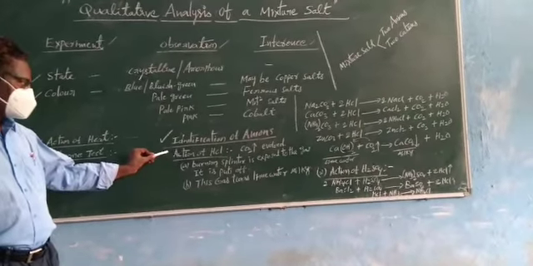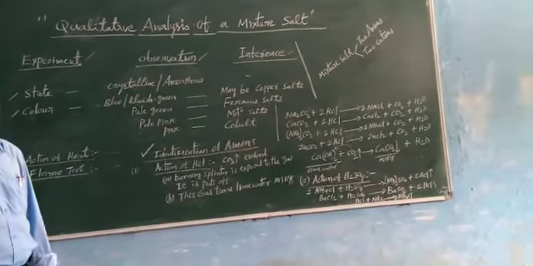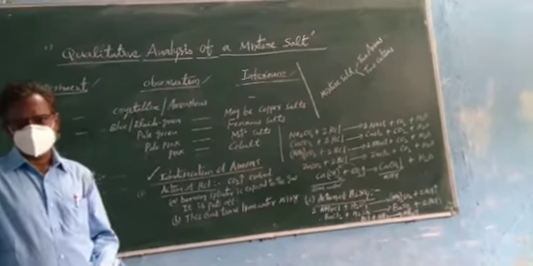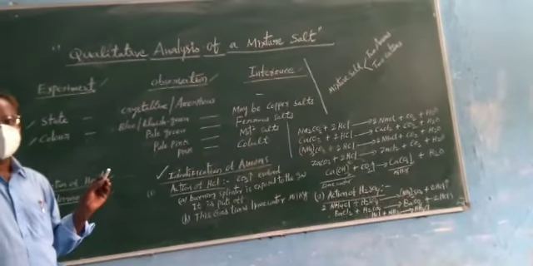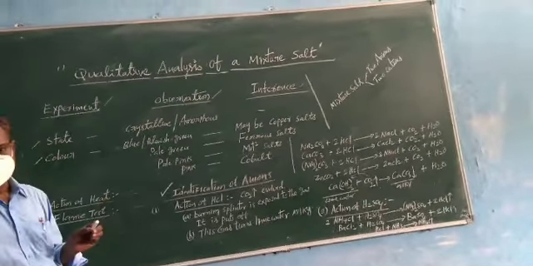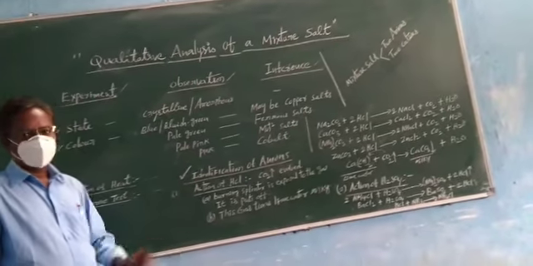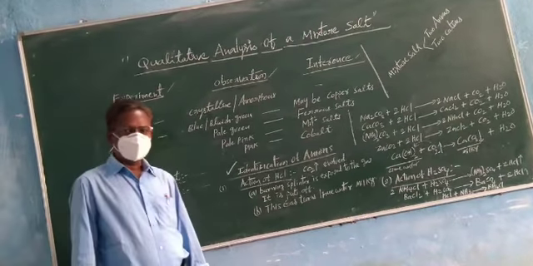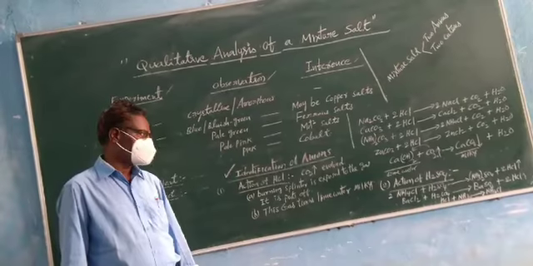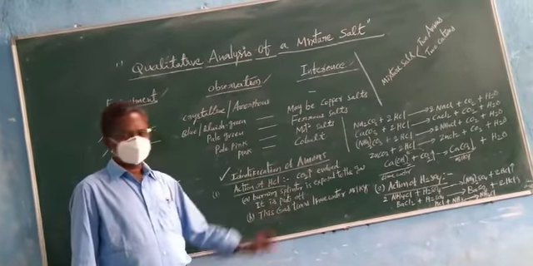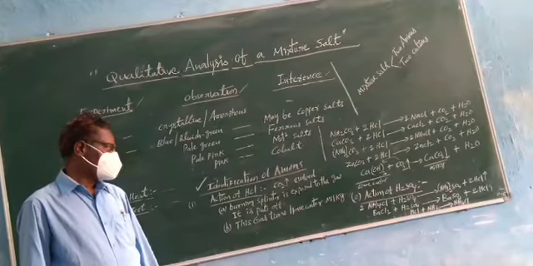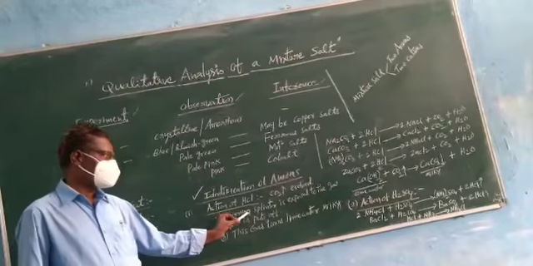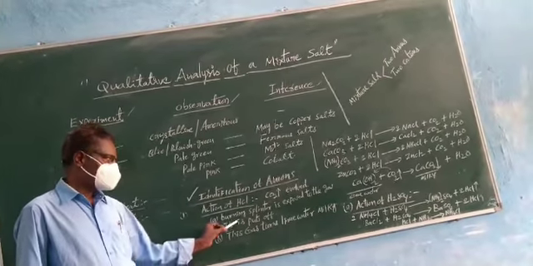A pinch of the given mixture salt is taken in a dry test tube and dilute hydrochloric acid is added. Immediately a colorless gas is evolved with brisk effervescence. That gas is CO2 gas. When a burning splinter is exposed to the gas, it is put off.